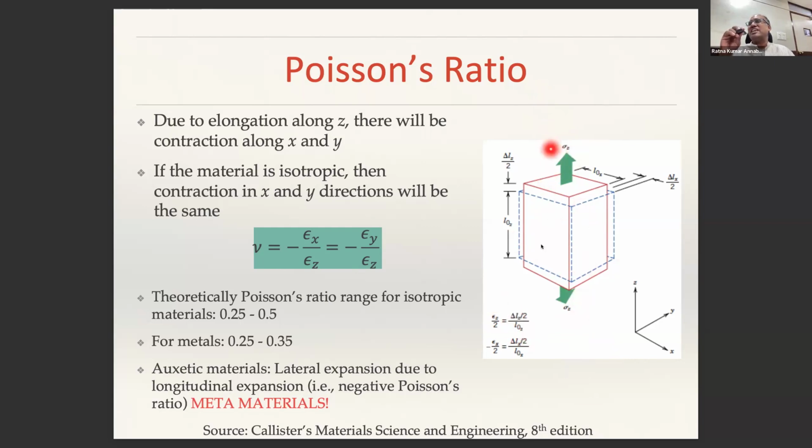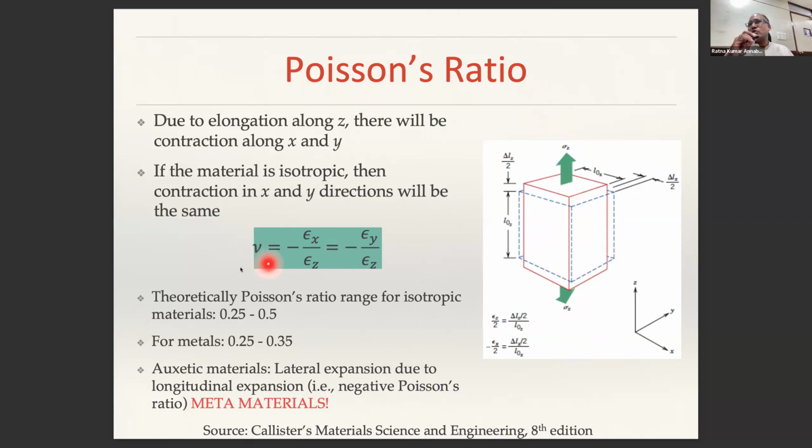Because it is tensile strain, that means the change in length is more than the original length. But if you look at the lateral direction, the original length was this much and the final length has reduced. So the lateral strain is negative, isn't it?